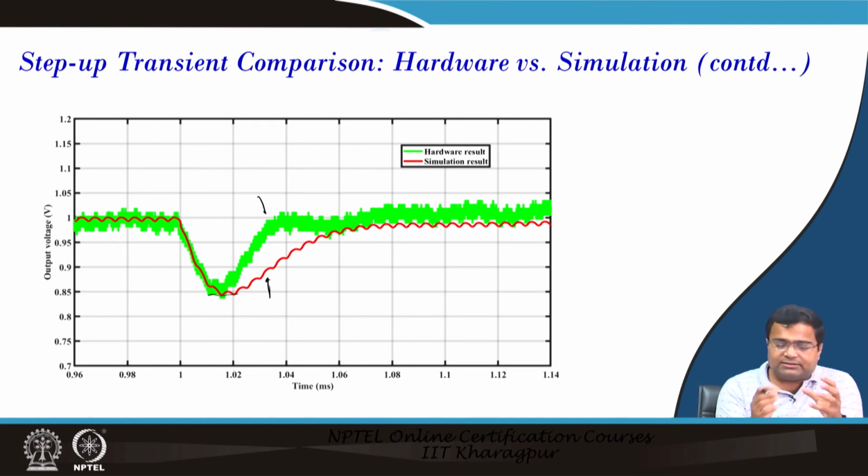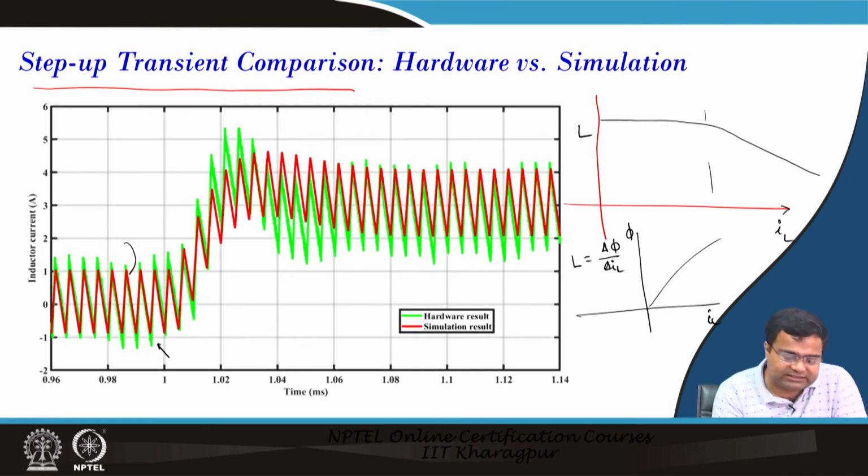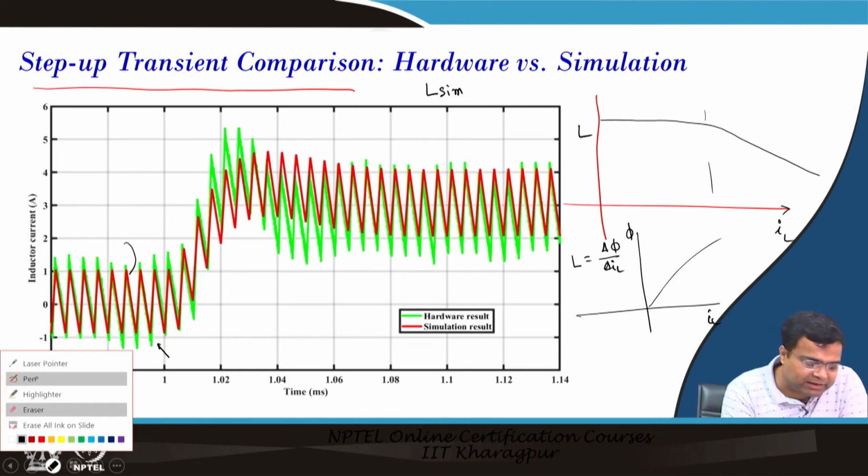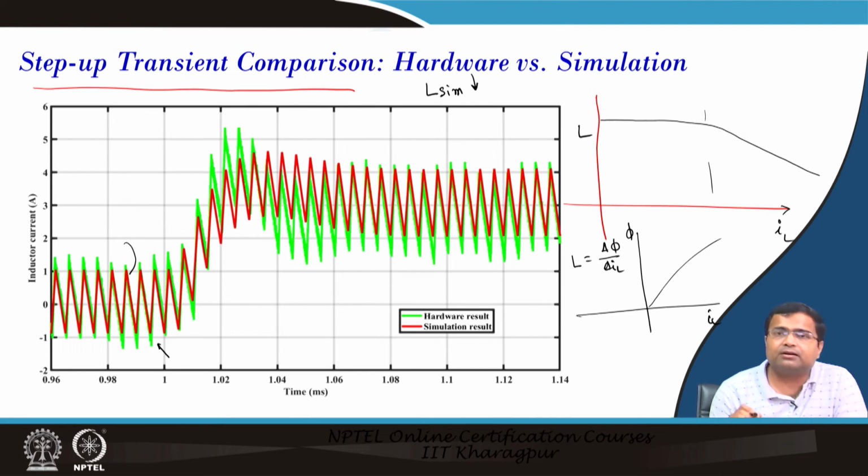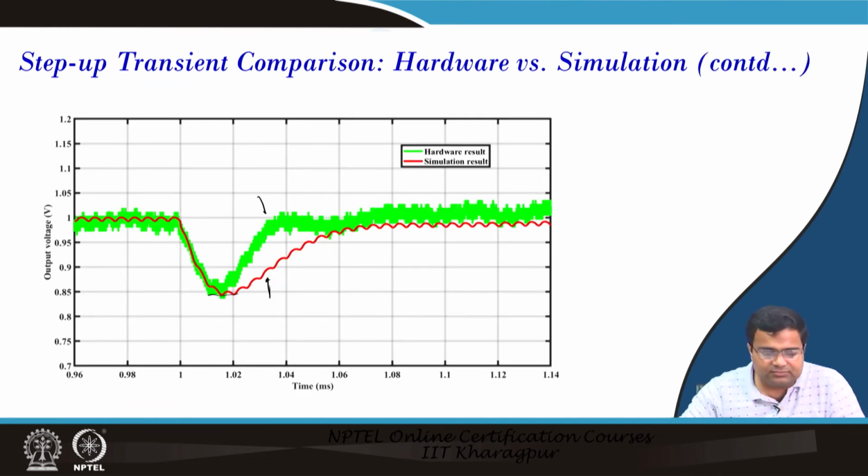If you go back to our simulation, we may have to reduce the inductor value in the simulation case study, maybe by 5% or 10%, so that we can match the current ripple of the measured inductor current.